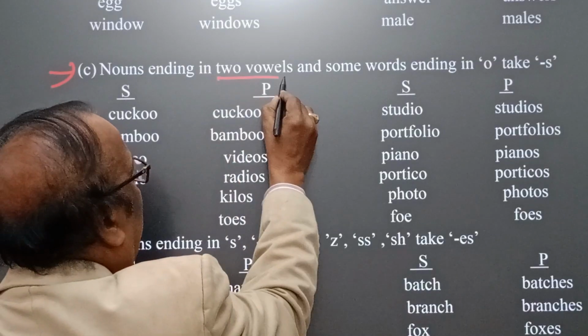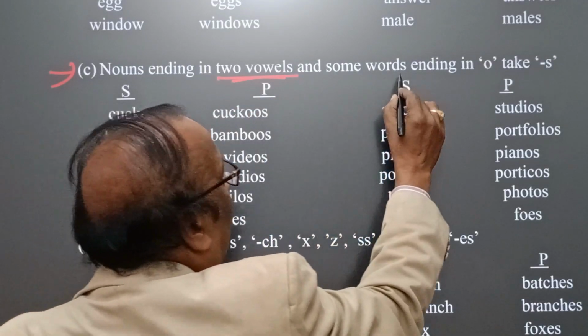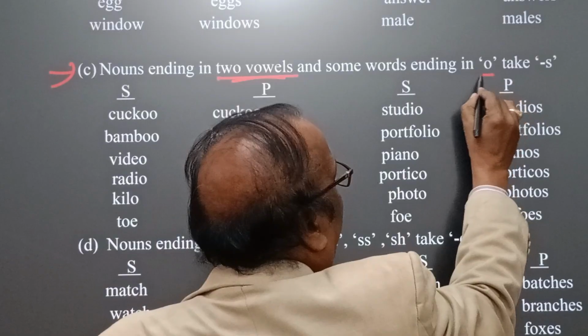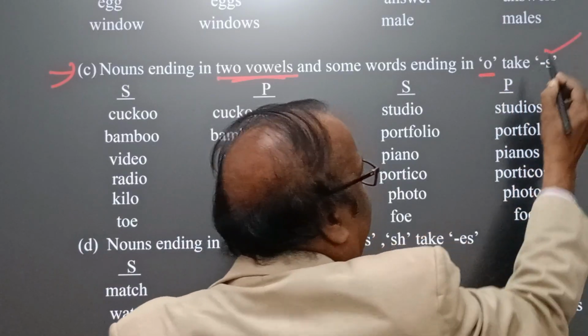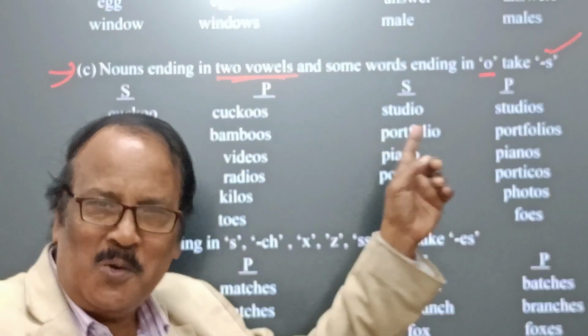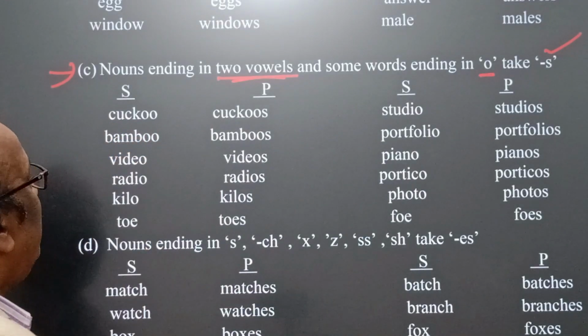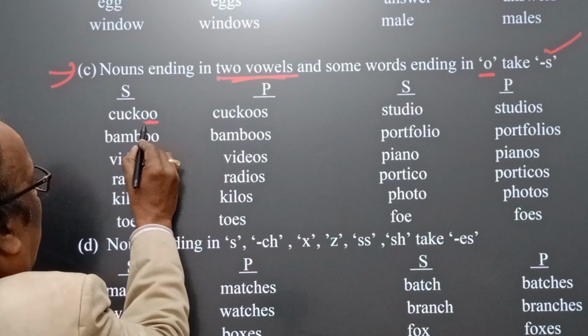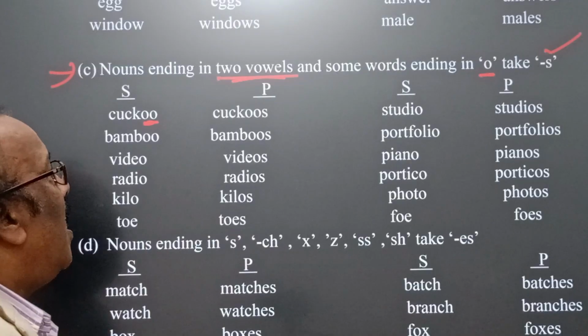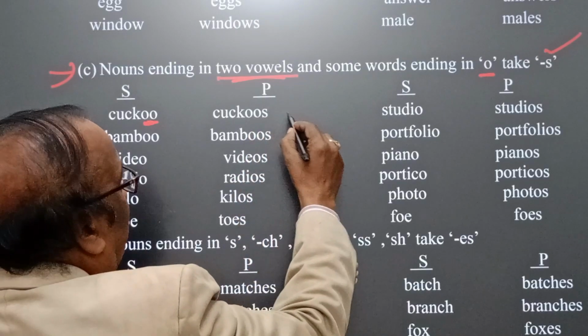The next idea is nouns ending in two vowels. Here we find two vowels, or some words ending in o, take s. This is the rule. See, cuckoo, here we find two vowels, and therefore cuckoos.